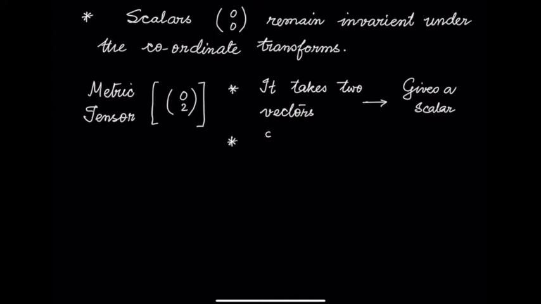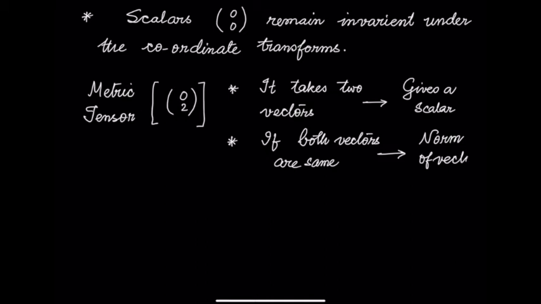If both vectors are the same, the metric gives the norm or the length of the vector. And that's why it's called a metric essentially.